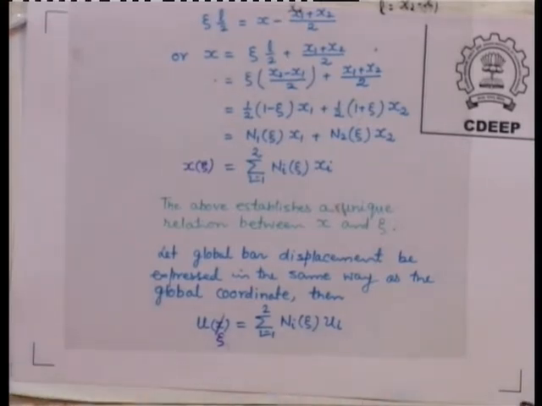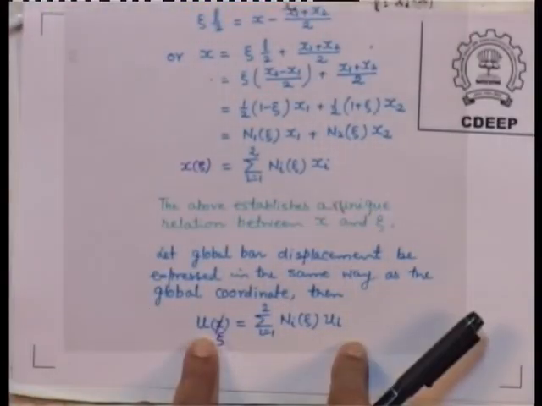That means I am defining my u locally within the element, not in x but in the psi coordinate. Now can somebody find out what will be the strain at any point psi in the local coordinate?